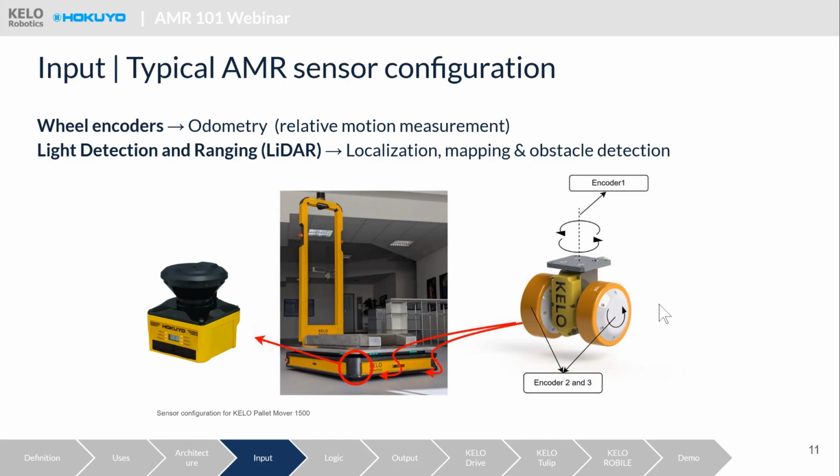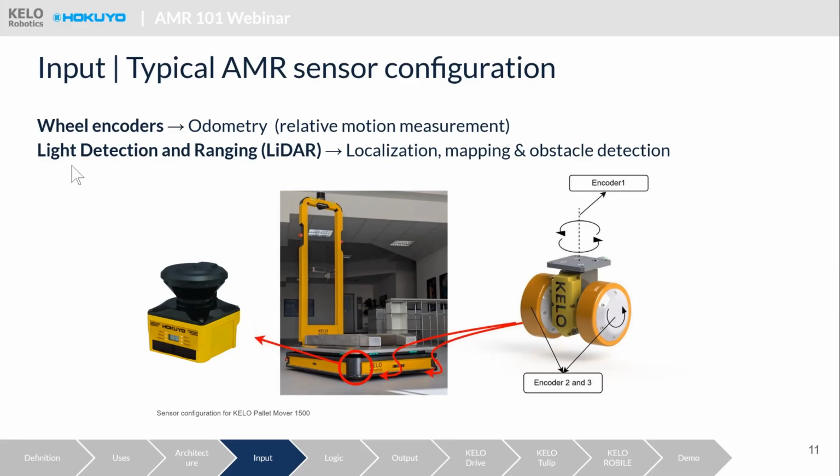The robot needs to know, in each iteration of the control, in which direction and how much it has moved. This calculation is basically the result of reading all the encoder values from the motors. For example, the KELO Drive system has a high resolution absolute encoder on the pivot axis, and on each wheel you would be able to read the encoder value, velocity, and position data.